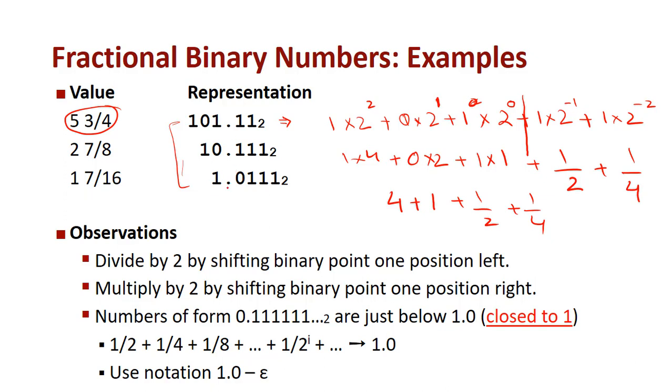If the point is moving towards the left-hand side, the effect will be multiplication. You will actually be multiplying it by 2. Similarly, if the point is moving towards the right-hand side, you are actually dividing it by 2.